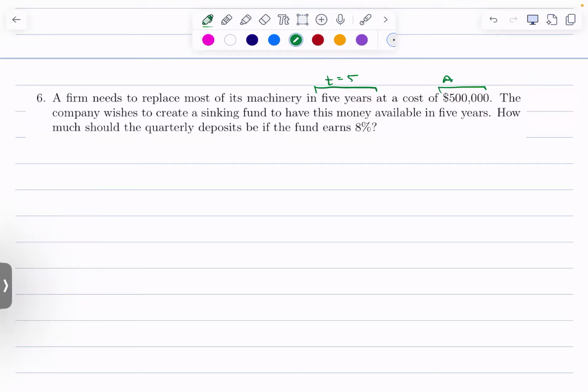How much should the quarterly deposits be, which means that N is 4? How much should the deposits be? That means you want to find M. Use same color scheme here. If the fund earns 8%, so R is 0.08.